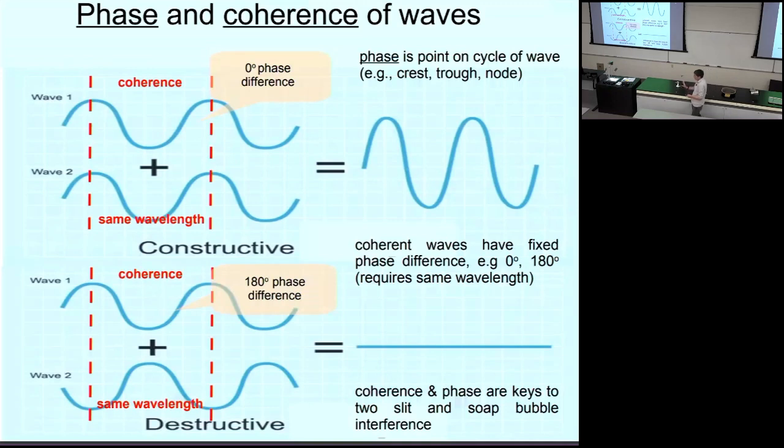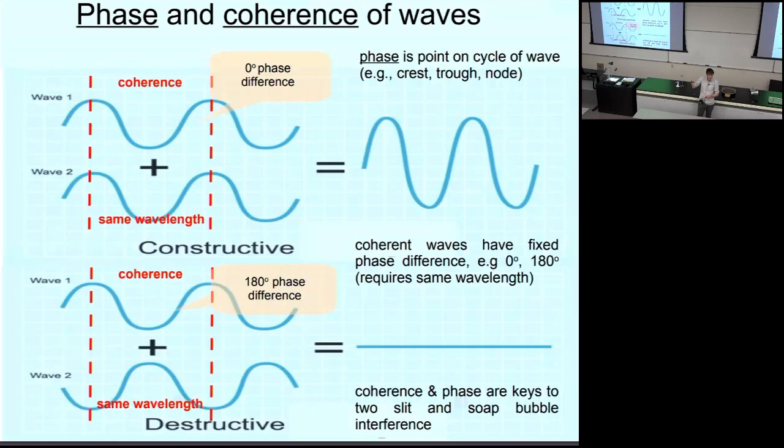The phase of a wave, when we say the phase of a wave, what we mean is where we are in the cycle of the wave. So the cycle of the wave is this cycle from crest to node to trough to node to crest and on and on and on. That's the cycle of the wave, and a particular phase is a particular location, position on that cycle.